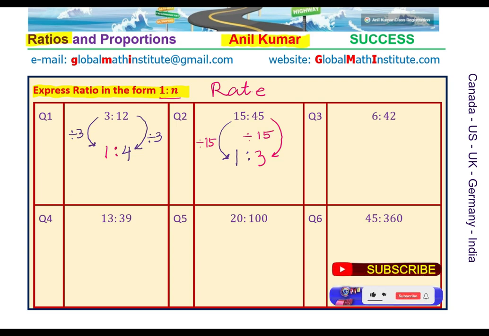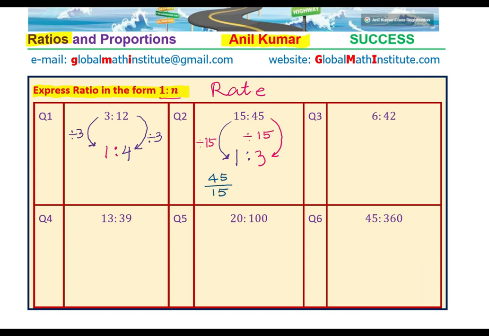Now this kind of division you can also do on the side. So basically what I did here was that I divided 45 by 15, correct? The 15 times table may not be known to you, but you can divide them each by 5. If I do that, then 5 times 9 is 45 and 5 times 3 is 15.